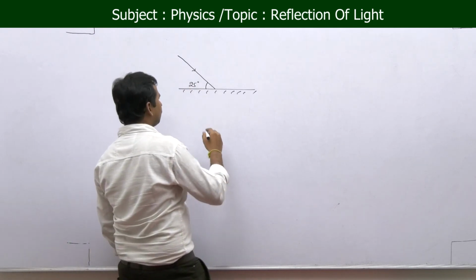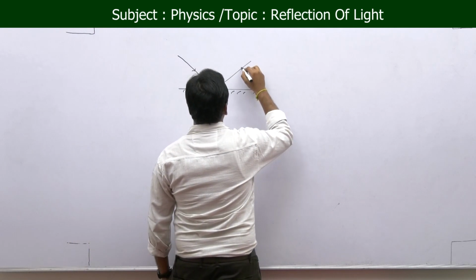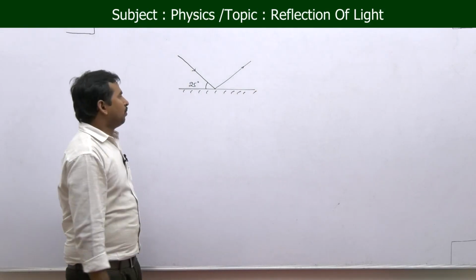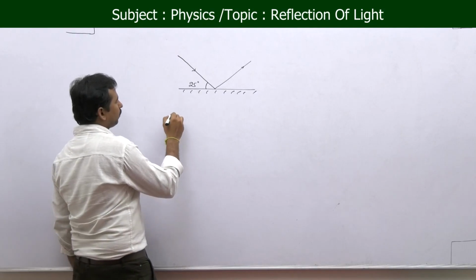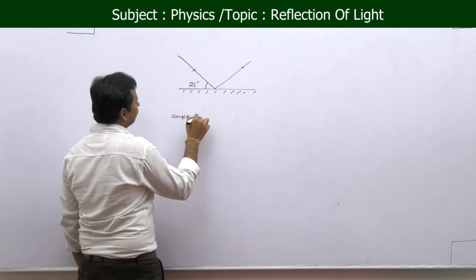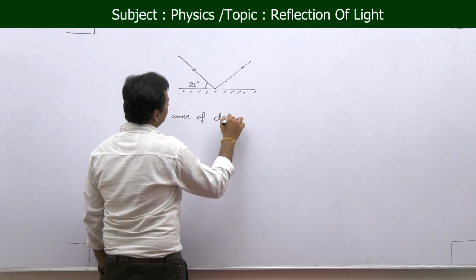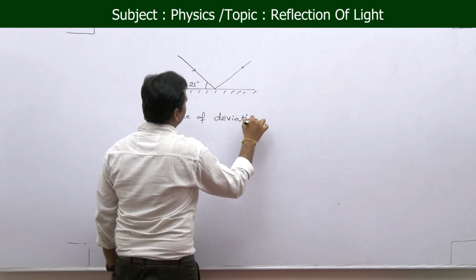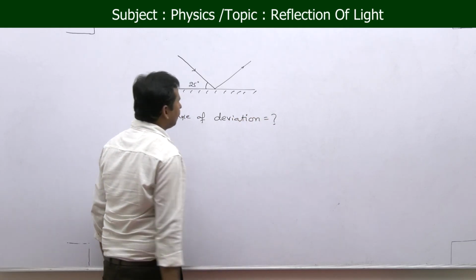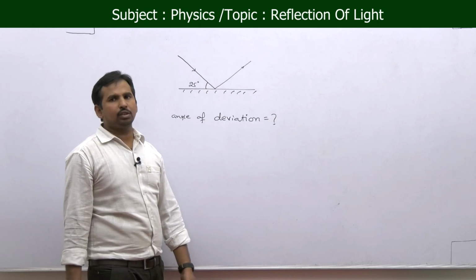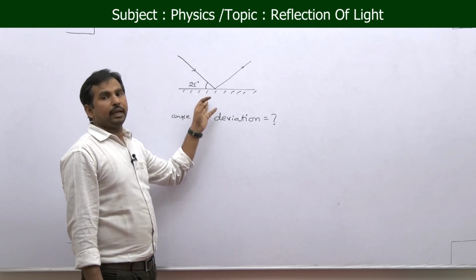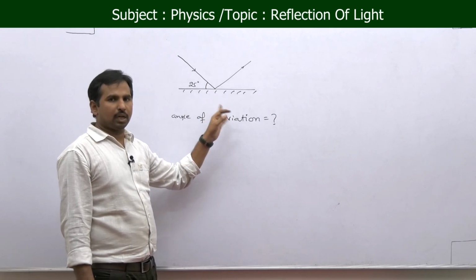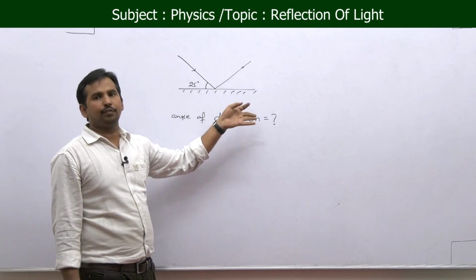Now after reflection, the question is, what is the angle of deviation? What we have to find is the angle of deviation, which means the angle by which the light ray is deviating from its path.